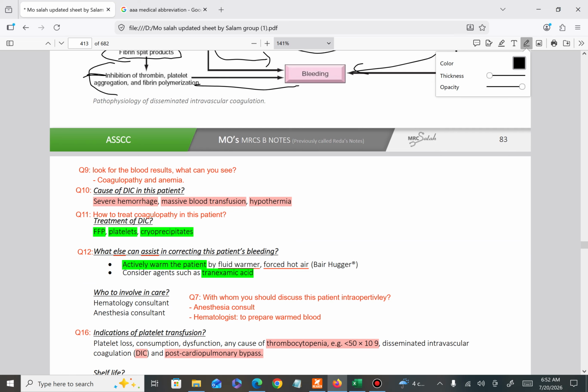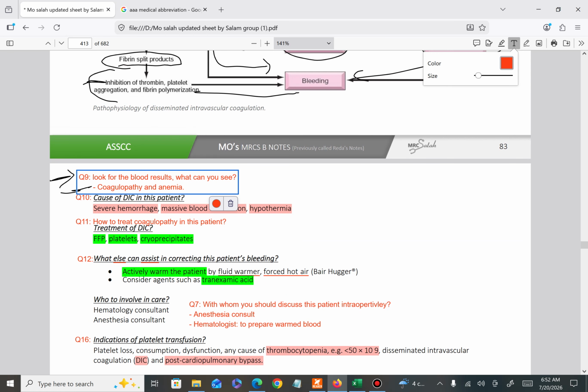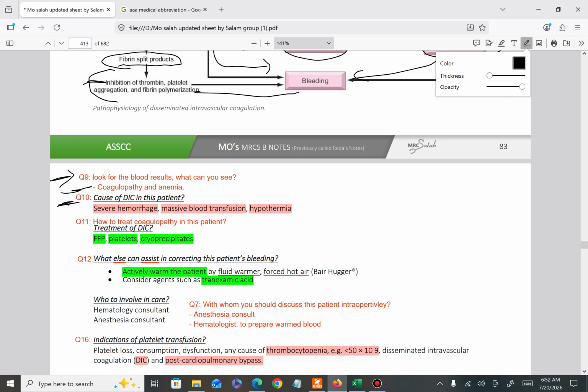What can you see? You will be shown the blood results, which will show the coagulopathy and anemia. Then causes of DIC in this patient. In this patient it can be severe hemorrhage, massive blood transfusion and hypothermia.